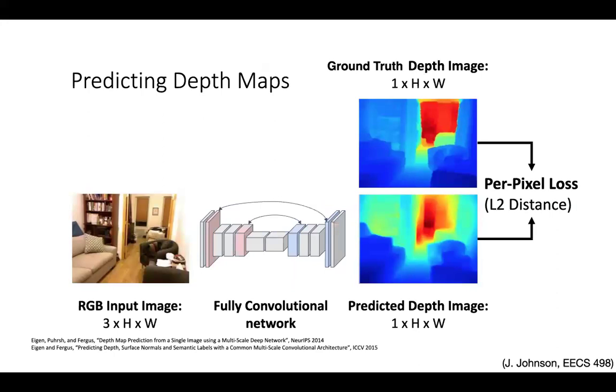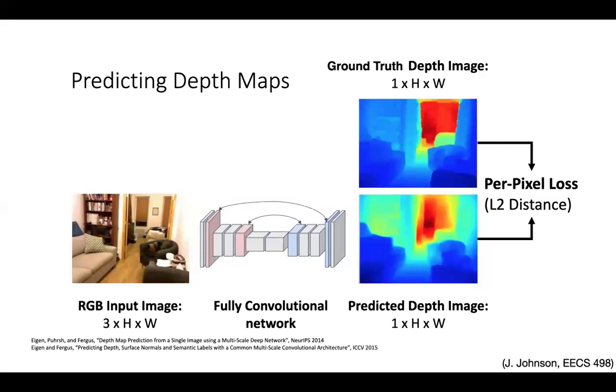So how do we implement a neural network to learn this and to predict that? Basically, what we are going to do is supervised learning. So we have pairs of RGB and ground truth depth images.